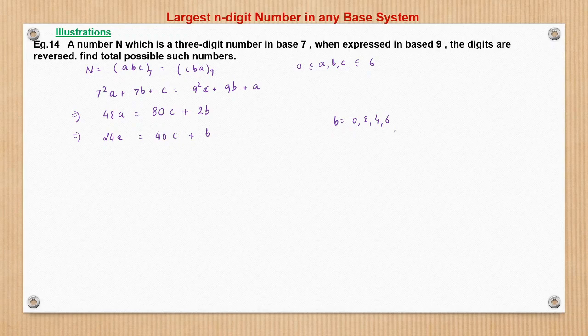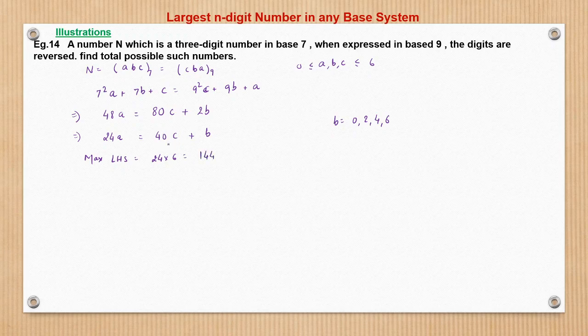Okay, one thing. Now again we'll say what is the maximum value of LHS? LHS can be 24 into A, and A can take a maximum value of 6. So 24 into 6 is 144, right?